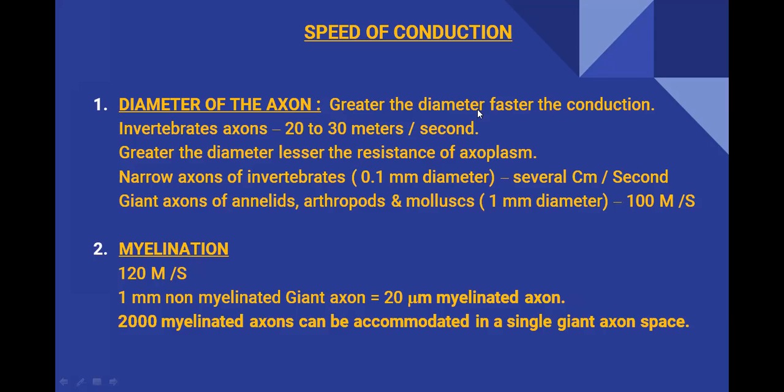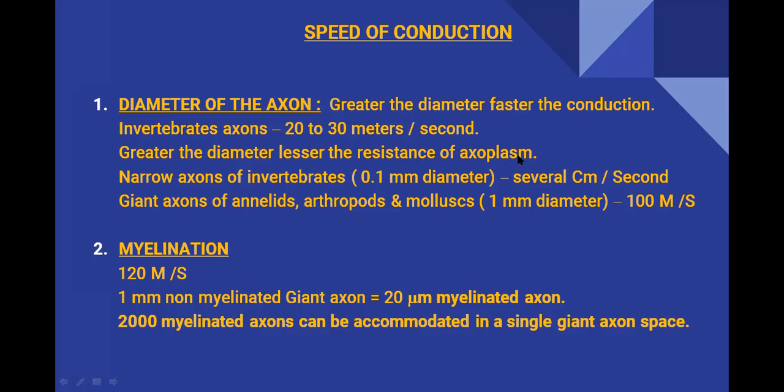So the greater the diameter, the faster the conduction. Why? What is the reason behind this? Why is conduction fast in axons with a greater diameter? To know this, we have to know about the resistance of the axoplasm. In the conduction of nerve impulse, sodium ions are attracted to the neighboring area. The travel of the sodium ions is resisted by the axoplasm.